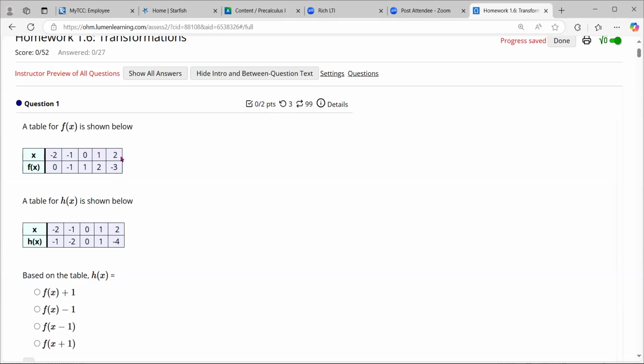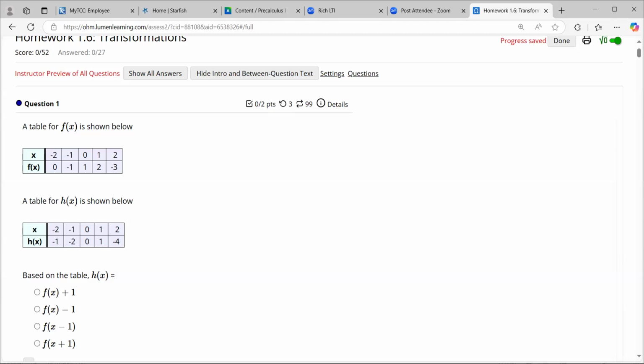When the input is 2, the corresponding output for f is -3, the corresponding output for h is 1 less than -3. So the pattern shows for the same input, the daughter function always produces output that is 1 less than the output of the mother function.